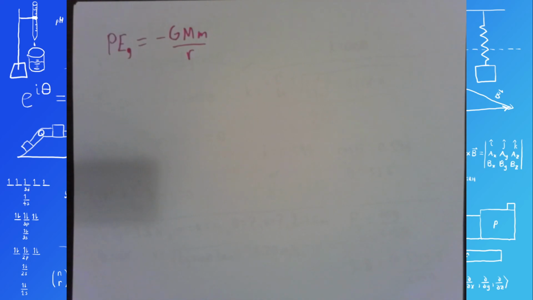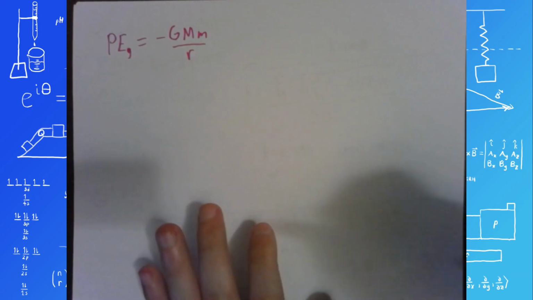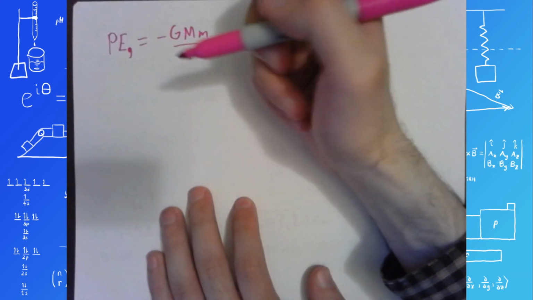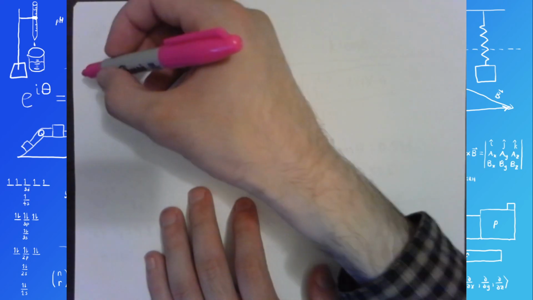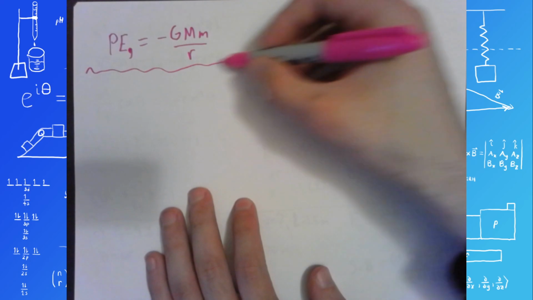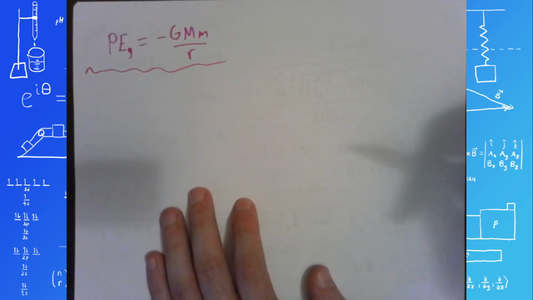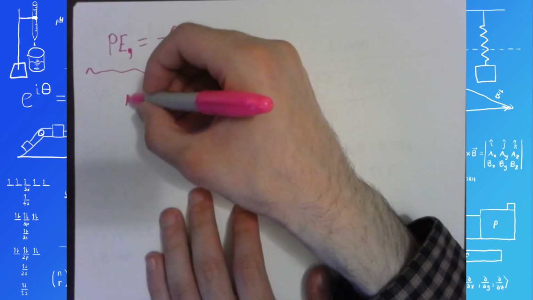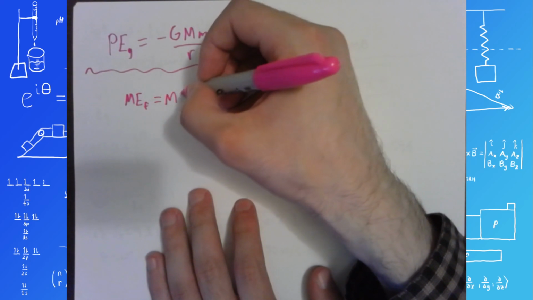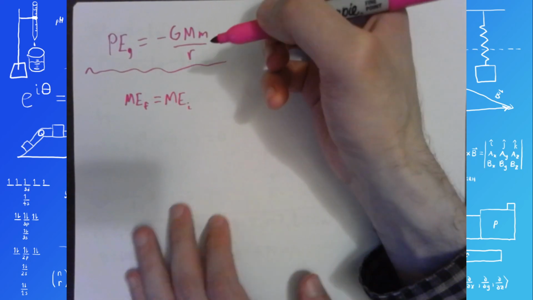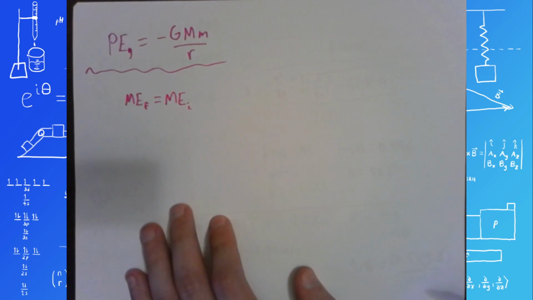Anyway, if we remember that formula, then we can use conservation of energy to figure out the minimum starting speed that you need in order to escape the gravitational field of a planet. We write mechanical energy final equals mechanical energy initial, assuming we don't waste anything against friction or air resistance.